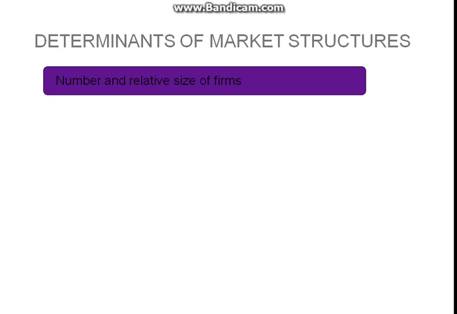Determinants of the market structures. Here we are going to study the factors which determine what type of structure is in the market. First, the number and relative size of the firms. How many firms are in the market and what their size is actually determines the market structure.